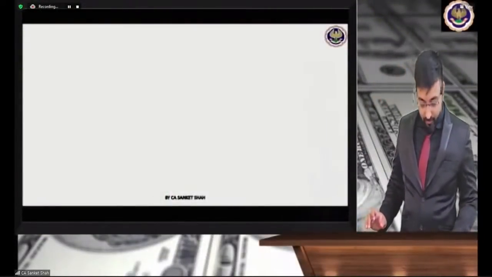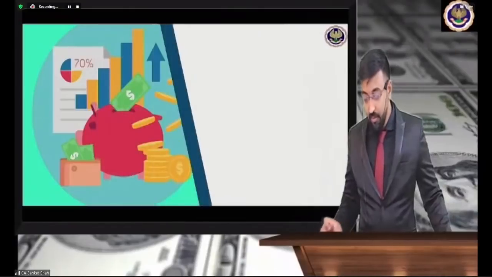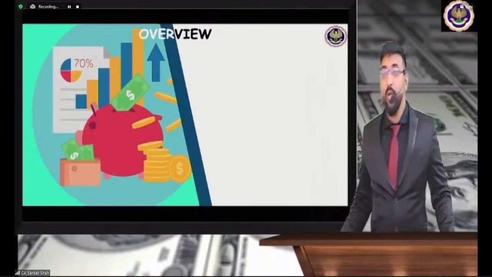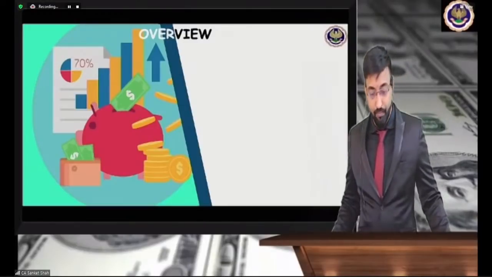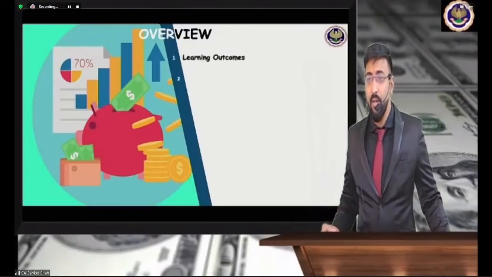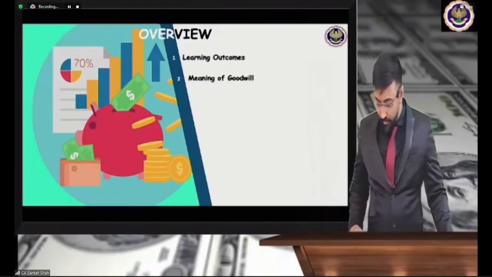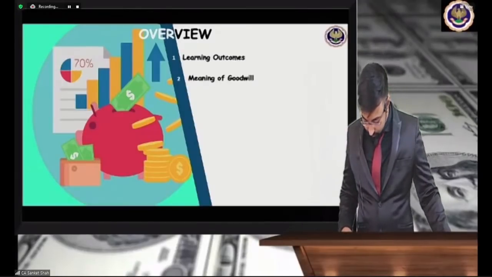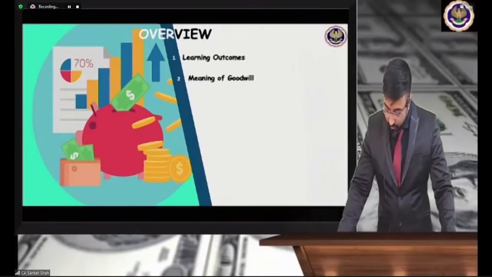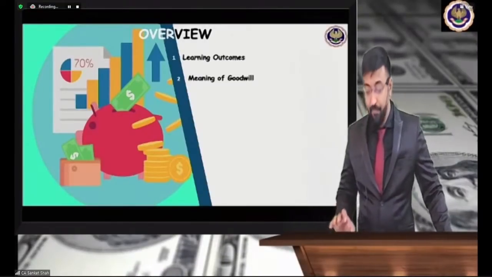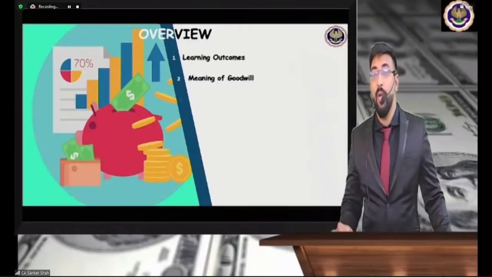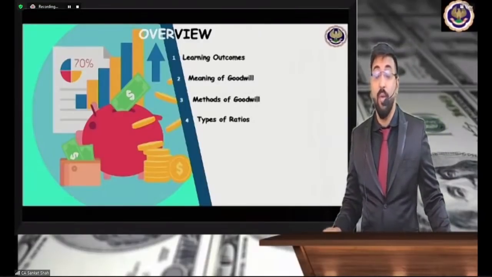Welcome back once again. Let's start with Goodwill Treatment. So what we are going to cover in this overview, understand this concept: learning outcomes, meaning of Goodwill, then we have to understand methods of Goodwill, types of ratios.